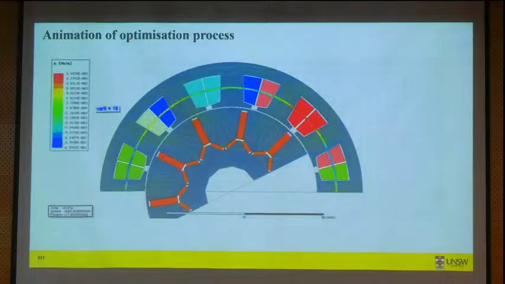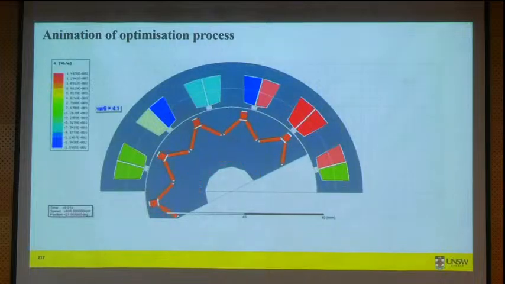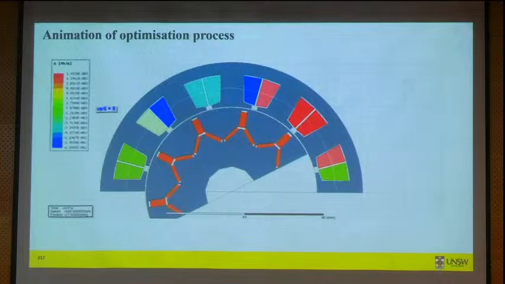Then he found that at a certain point the criteria are met. We get the high average torque and the minimum torque ripple, and that becomes his new rotor topology. So this shows you how optimization can lead you to something completely new that you did not even think about before.